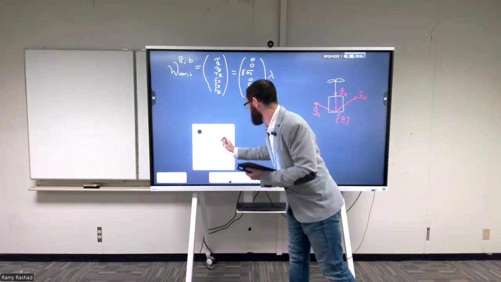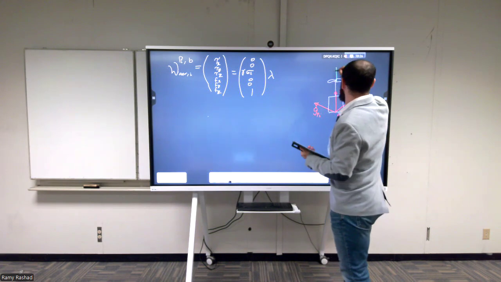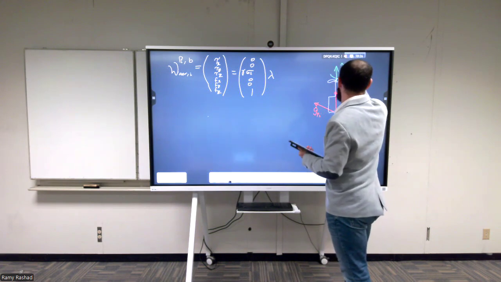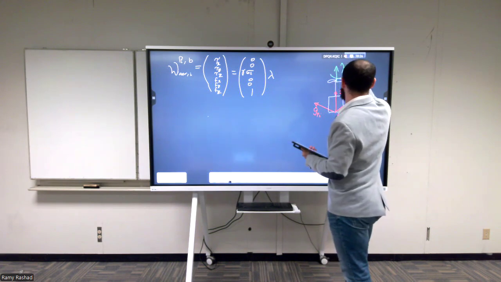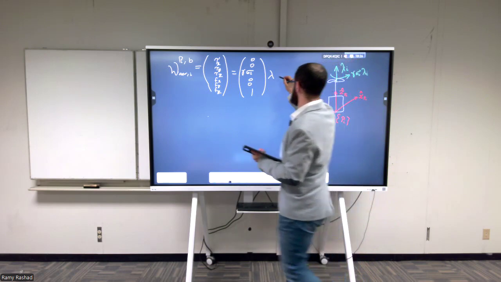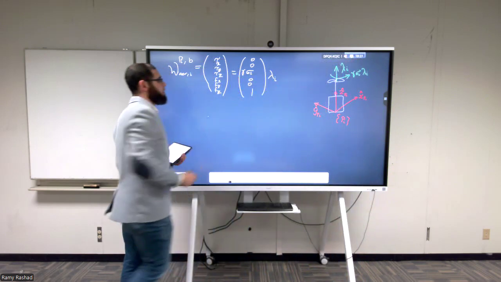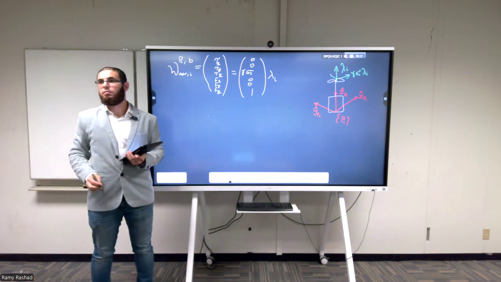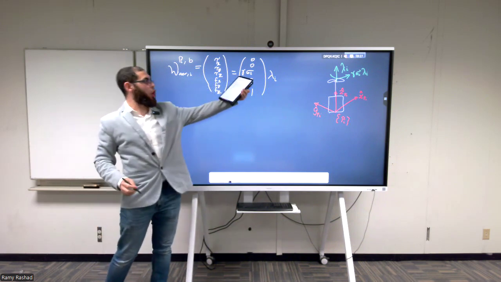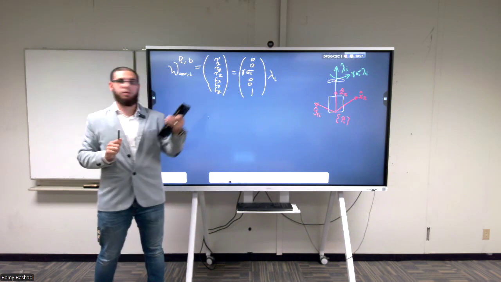So let's just put these values. So I have the lambdas in this direction and I have the gamma sigma I lambda I around that direction. Of course, this is lambda I. So each propeller has a different thrust in this way and an accompanied drag torque that comes with it.